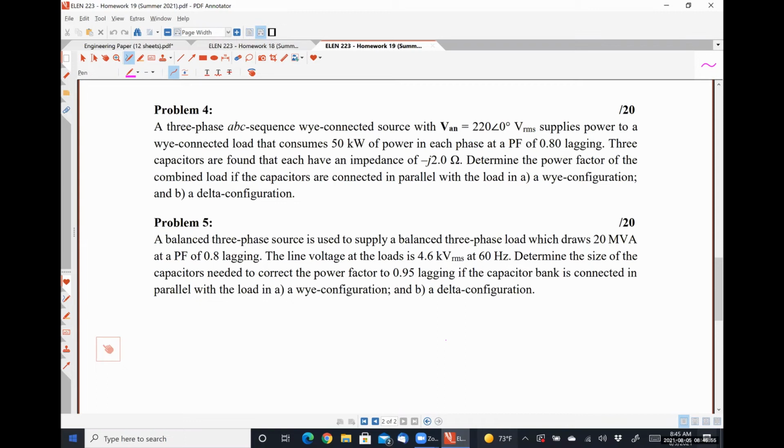So either one of those 2 methods would work. I think it's probably a little bit easier to wrap your head around the, let's figure out what the complex power of the load is and the complex power of the capacitor bank is, given the voltages that we're given. But the other way works, you're just approaching it from a slightly different direction.